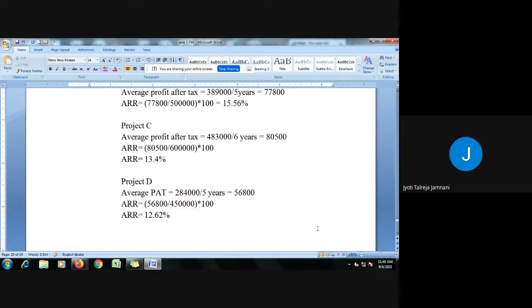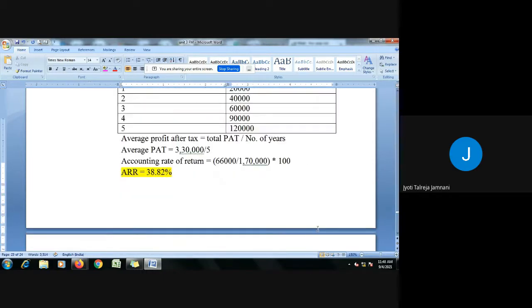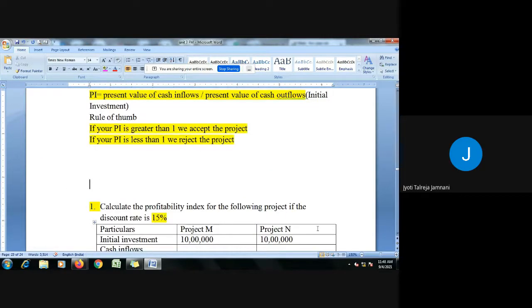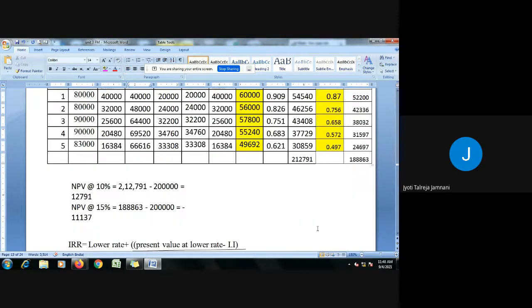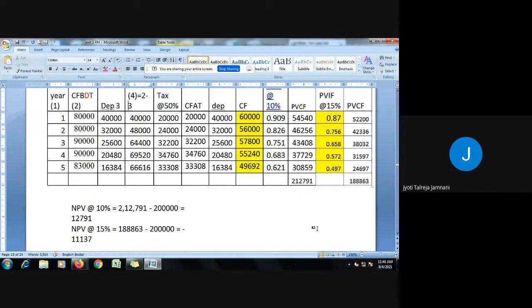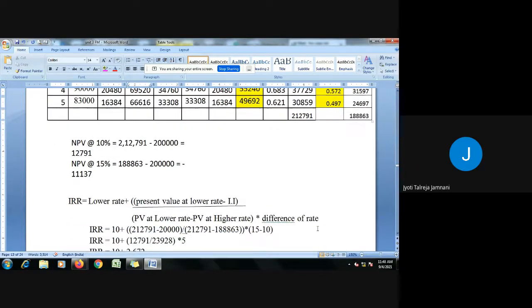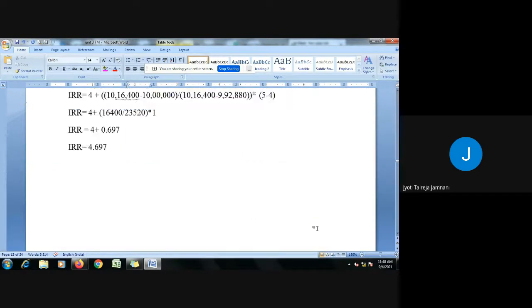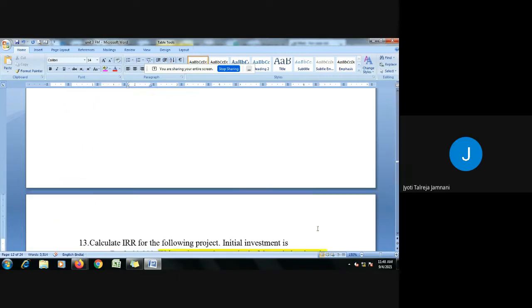I'll just take the depreciation working note also from above. It's there in the Excel. Just a minute.